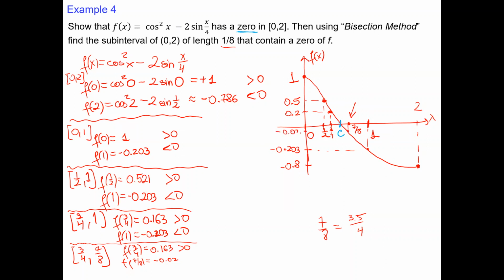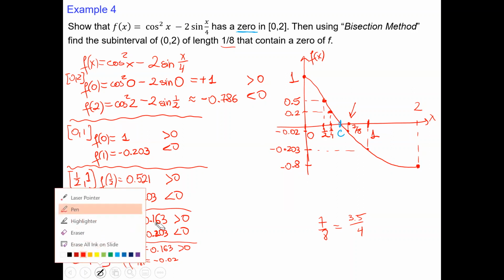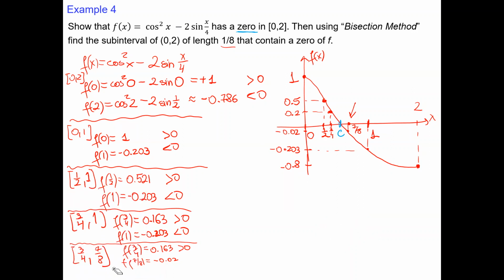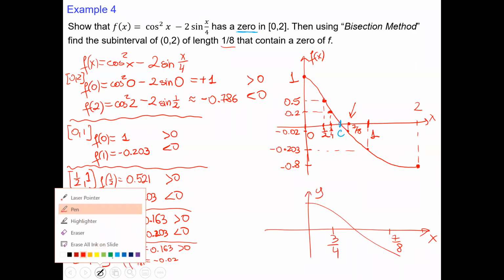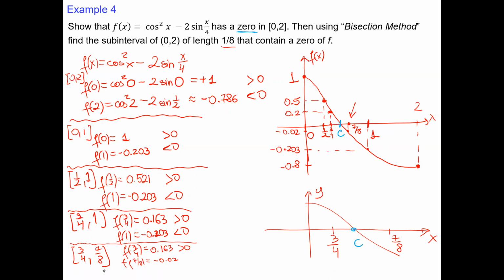Okay, and we did prove that between, let's zoom. This will be 3 quarters, and this will be 7/8 when we simplify to the same denominator, and that's the value C. And the length of the interval.